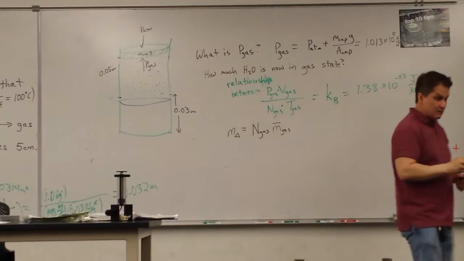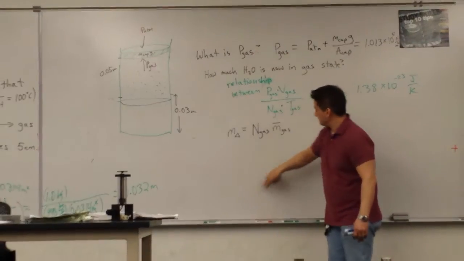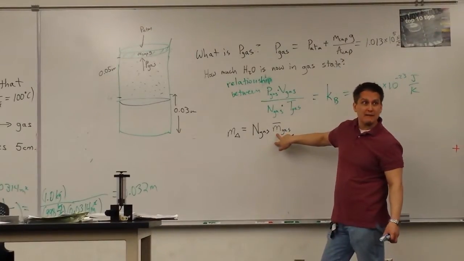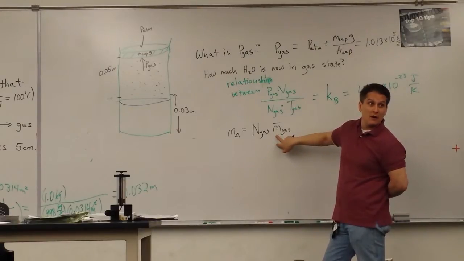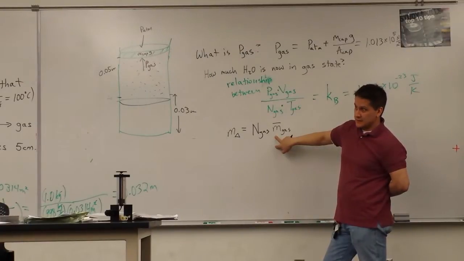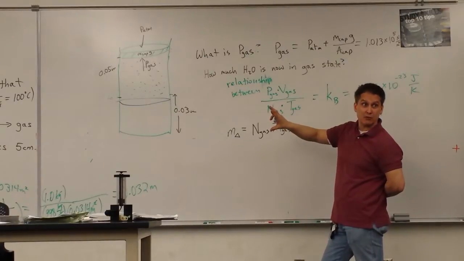Now I will make an estimate here to maybe help your sensibilities. M gas, what was M gas for water? Do you remember? Or not for water, for air? 2 point something. Right? It's about 4.7 times 10 to the negative 26. Okay, that's the average mass of a gas particle. That's 2 oxygens, approximately 2 nitrogens.